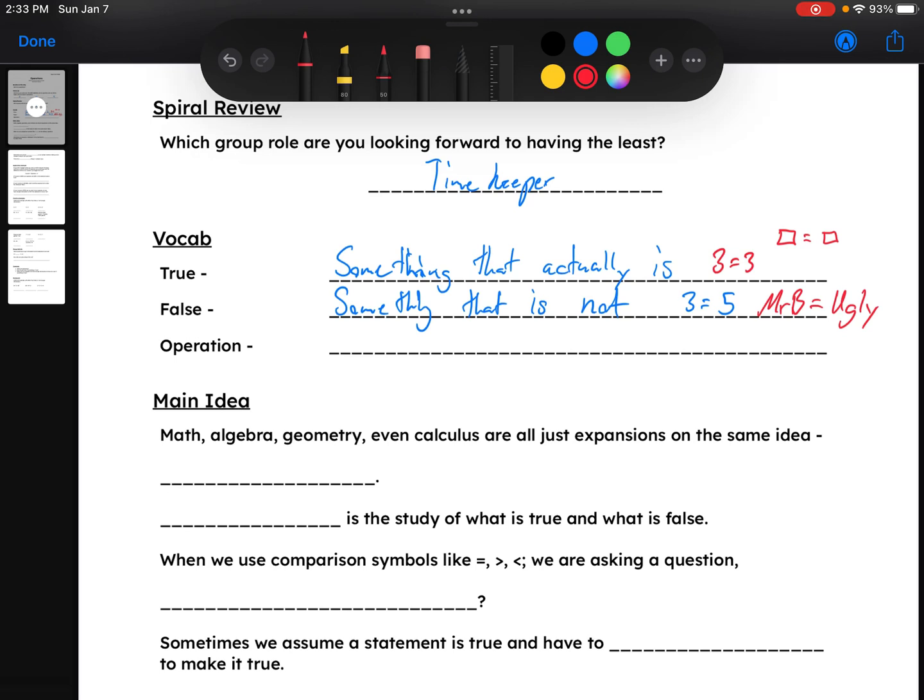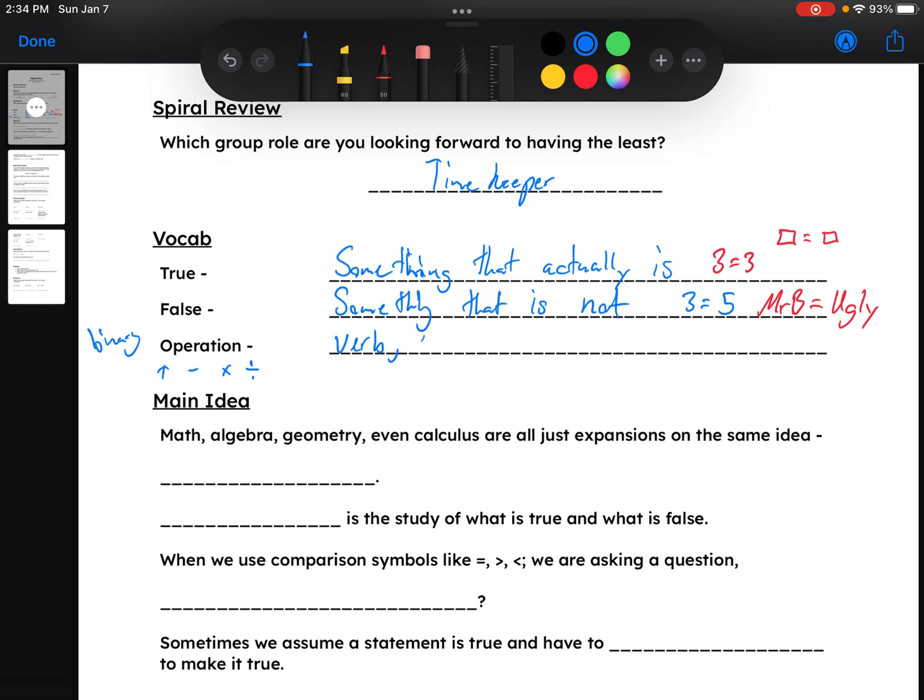Last is an operation. Specifically, and you don't have to jot this down, but specifically when I talk about an operation, I'm talking about a binary operation, which are the things like plus, minus, times, and divide. An operation is a verb. It is an action.